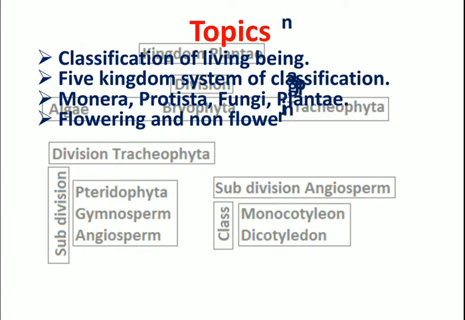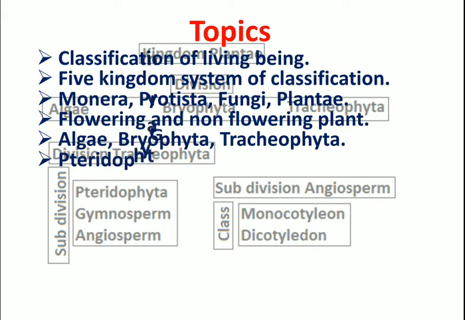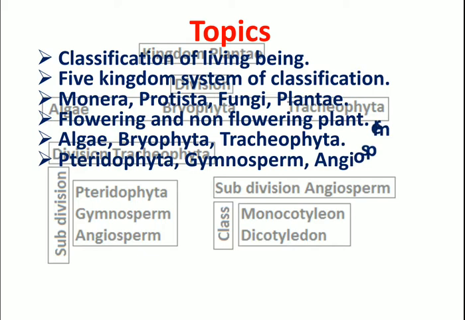Flowering and non-flowering plant. Algae, Bryophyta, Tracheophyta. Pteridophyta, Gymnosperm, Angiosperm.